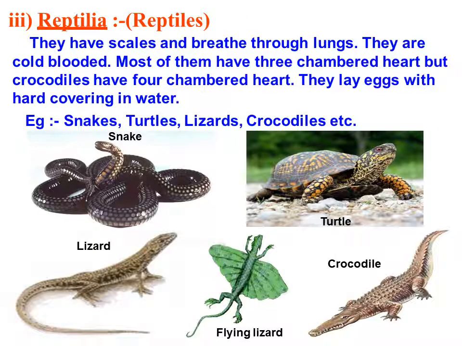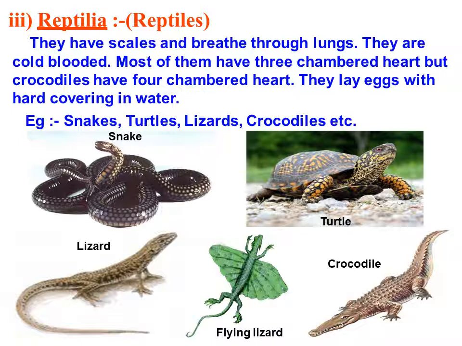Then we have reptiles. Reptiles, as all know, have scales and breathe through lungs. So the body has scales. They are cold-blooded. They also can't regulate body temperature. That's why we find no snakes or reptiles during winters.